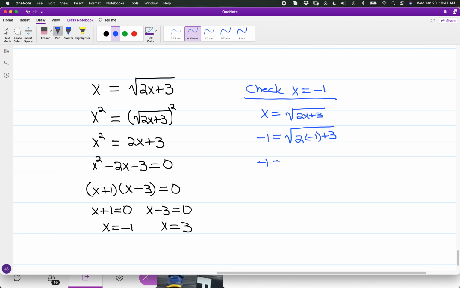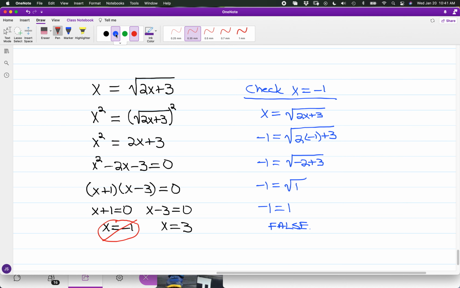And 2 times -1 is -2, plus 3. Negative 2 plus 3 is going to be 1. And guess what? Square root of 1 reduces to only 1. And we have a false statement here. Negative 1 does not equal positive 1. So this value of negative 1 is not going to check out. So this one is going to be extraneous.